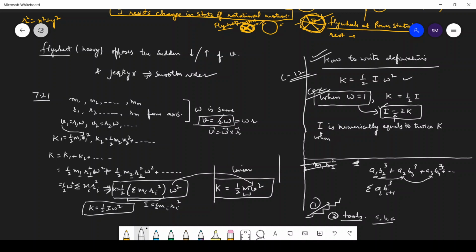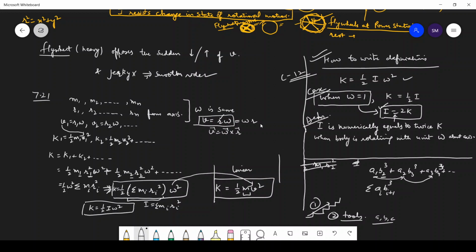So of course moment of inertia of the rigid body you are talking about. So when the body is rotating with unit angular velocity about the axis. So angular velocity is also about the axis. So this is the thing that you need to write. So this is also definition of moment of inertia.